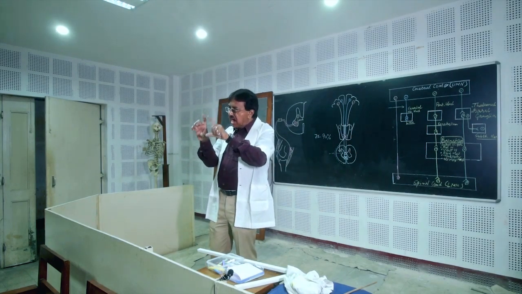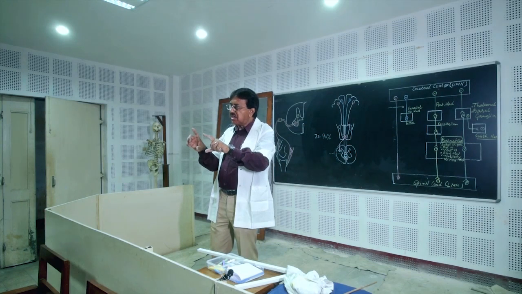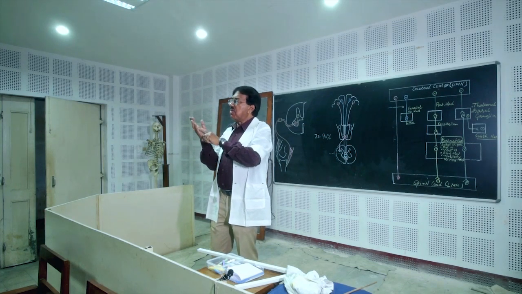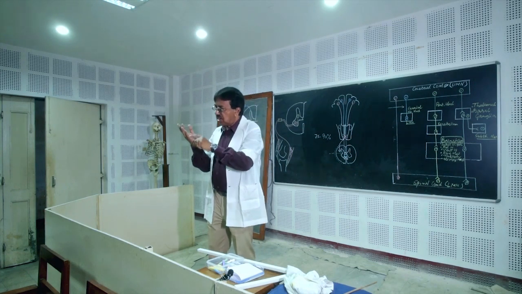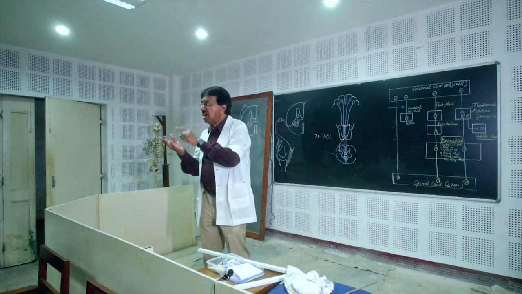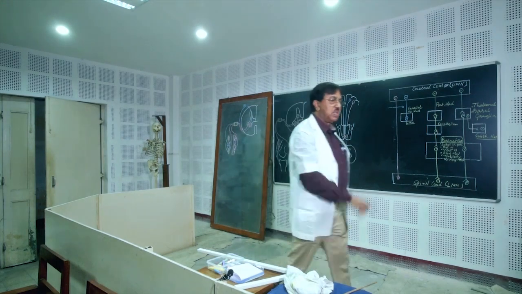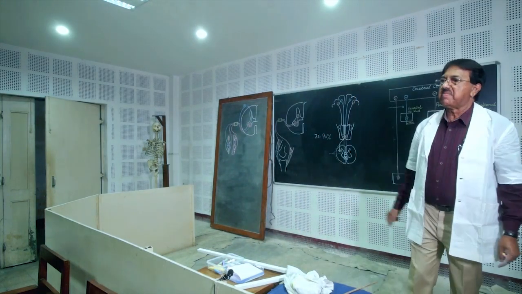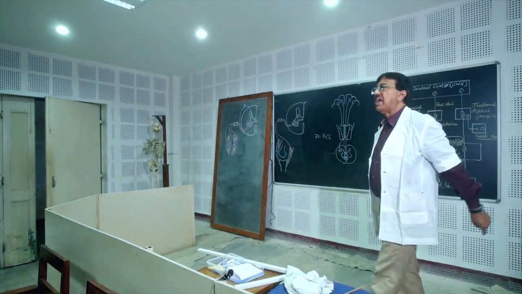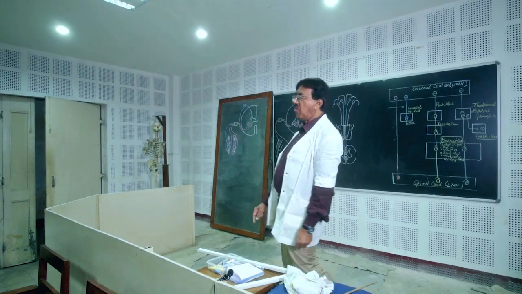Apart from the inferior half of the facial nerve nucleus, in all the motor nuclei of the cranial nerves, that is the 3rd, 5th, 7th, 9th, 10th, 11th, 12th, they have bilateral control.